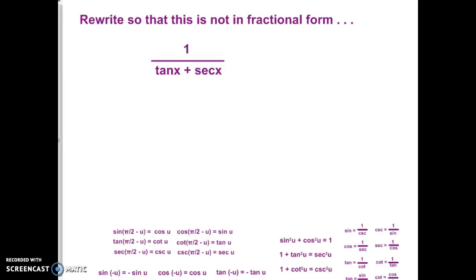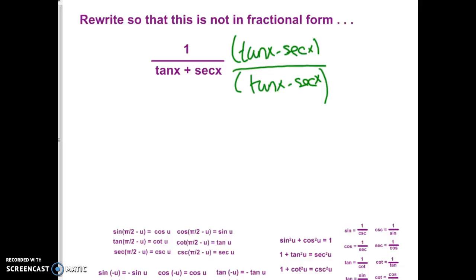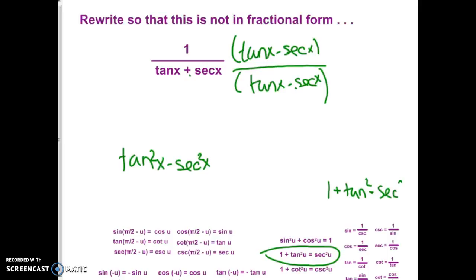So let's rewrite this so it doesn't have a fraction. I'm going to multiply by tan x minus secant x in the numerator and in the denominator. Why? Because if I multiply by the opposite, I'm going to get tan squared x minus secant squared x, which looks like a manipulated Pythag identity. 1 plus tan squared equals secant squared.